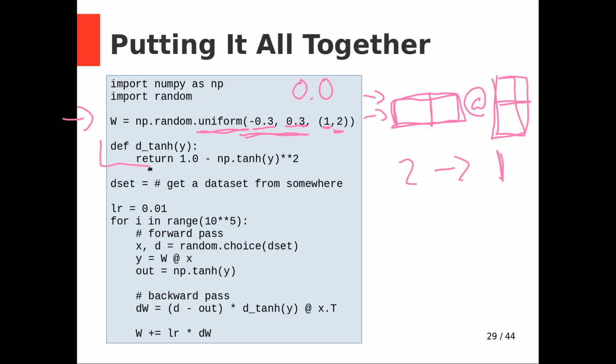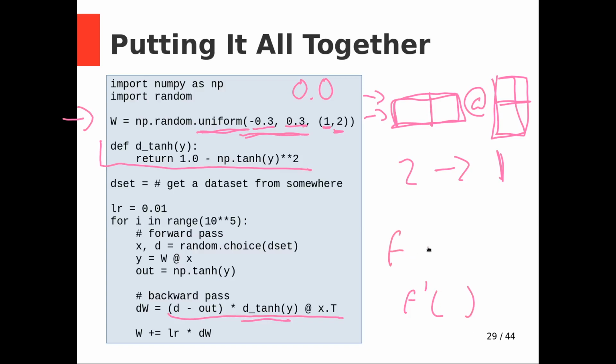Here I'm defining the derivative function, right? So if we remember our weight update, which is right here, that weight update needs the derivative of our activation function, right?